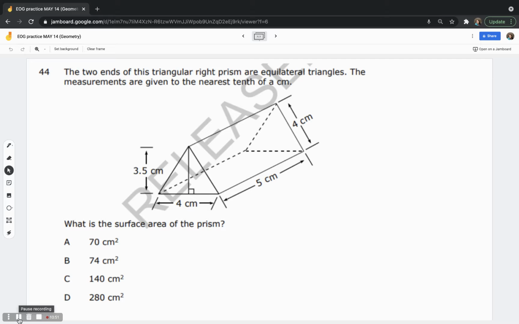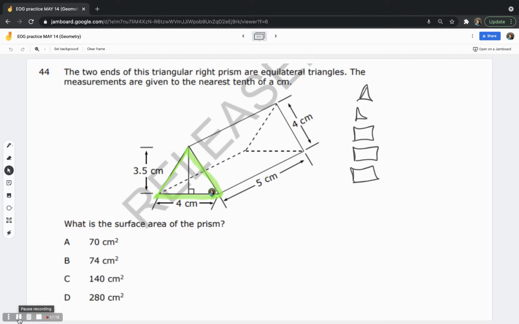All right, and lastly, we are calculating the surface area of this prism. So that means we're going to find the area of all the faces and add it up. So on a triangular prism, we have 2 triangles and 3 rectangles. So to get the area of the triangle, I'm going to do base times height divided by 2.